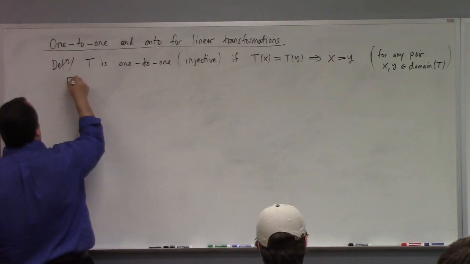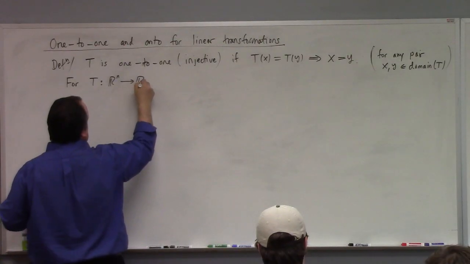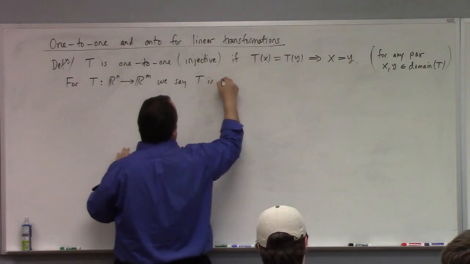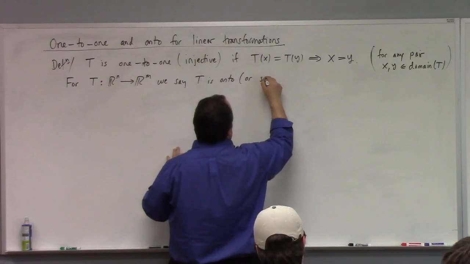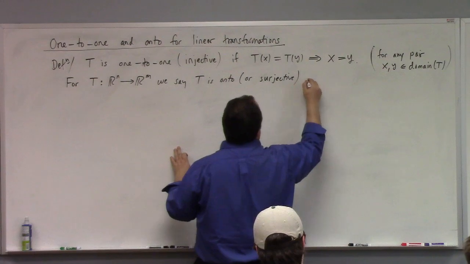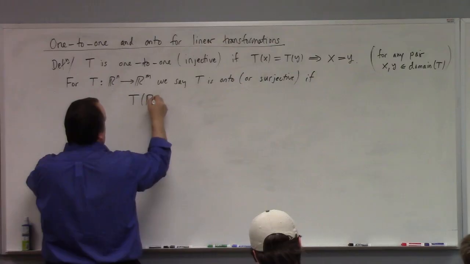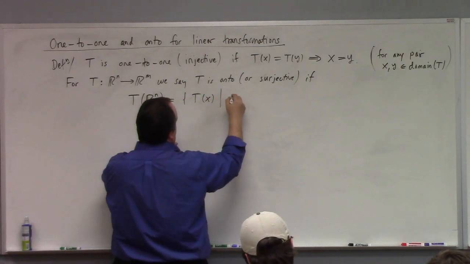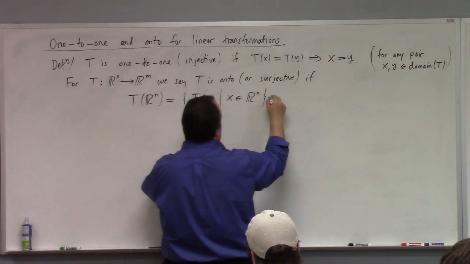Now, for T, say a mapping from Rn to Rm, which is our context, we say T is onto or surjective if T of Rn, which is equal to T of x such that x is an element of Rn, is itself equal to Rm.